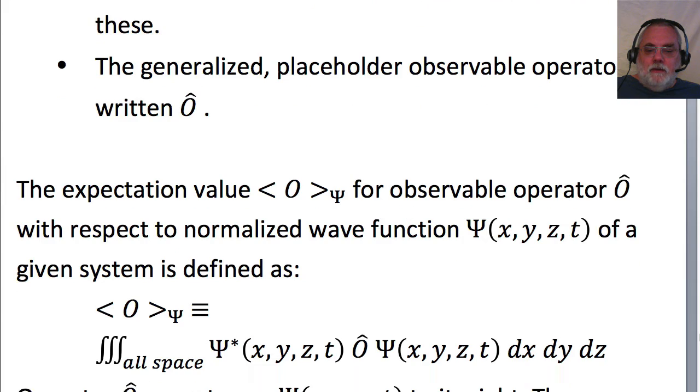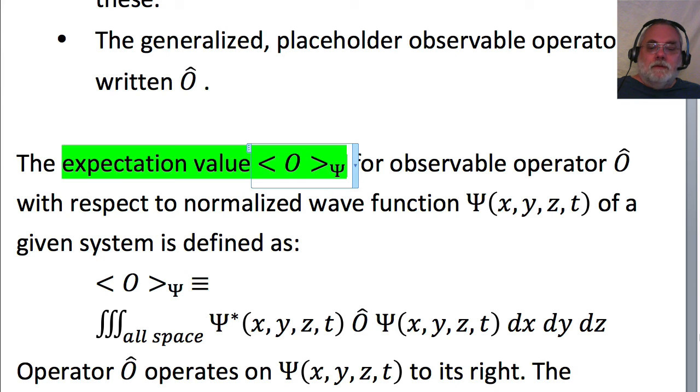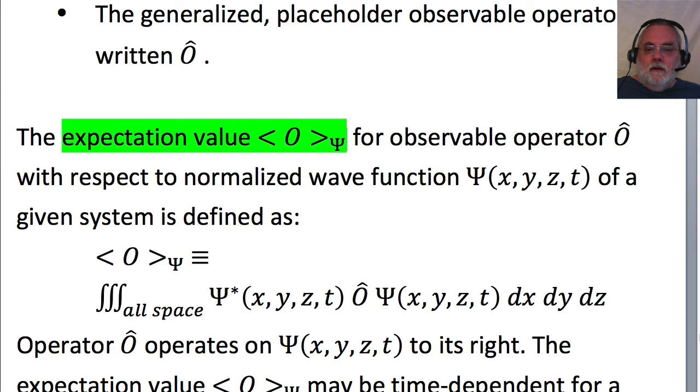The expectation value, which I should show as green, for observable operator O, with respect to normalized wave function capital psi of x, y, z, and t, for a given system, so a given potential, is defined as the integral over all space of psi star, psi conjugate, times operator O operating on wave function psi, integrated over all space.